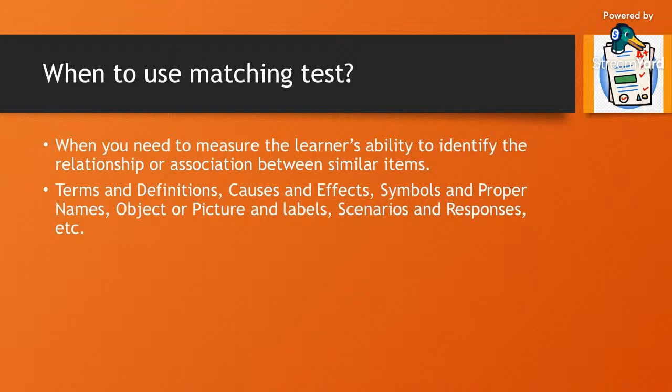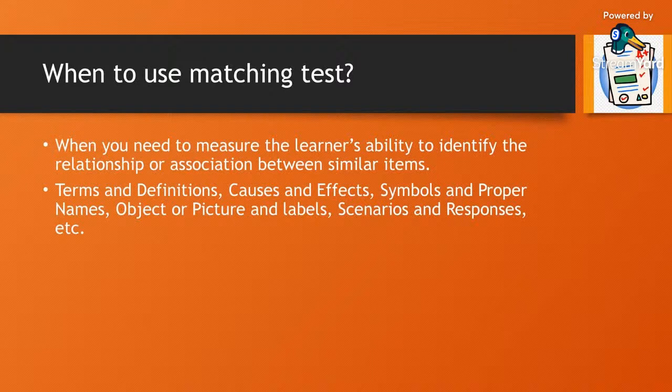Examples which can be included in a matching test would be terms and definitions, causes and effects, symbols and proper names. You can also have an object or a picture and then a label, scenarios and responses, and so on. It could be names of scientists and their inventions.